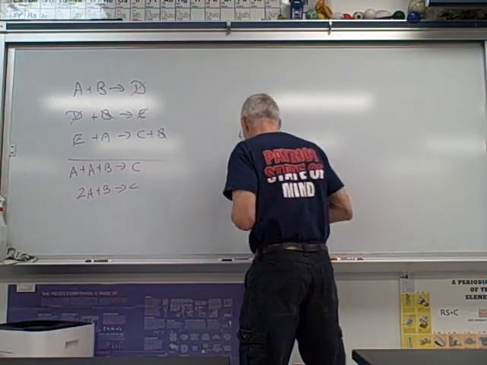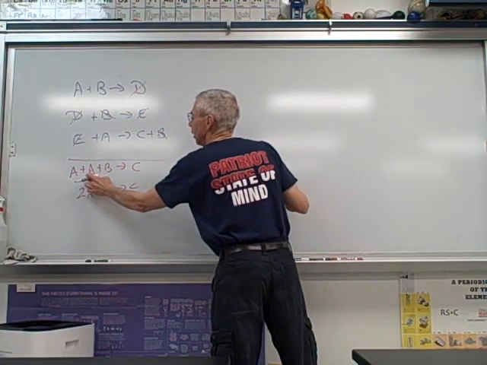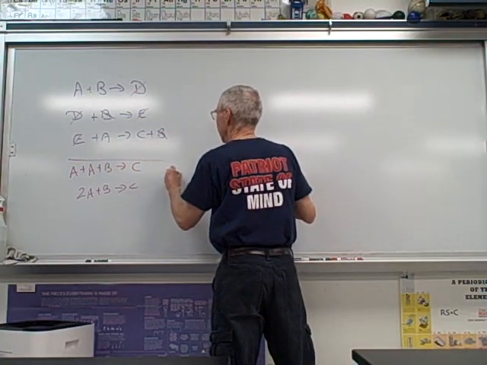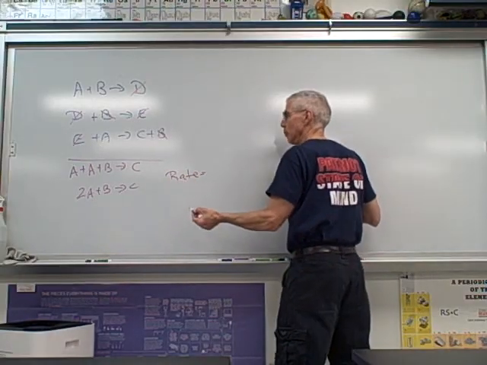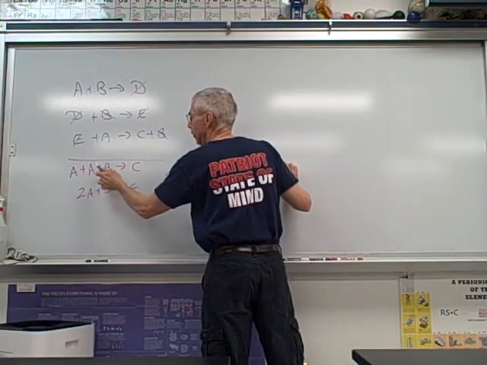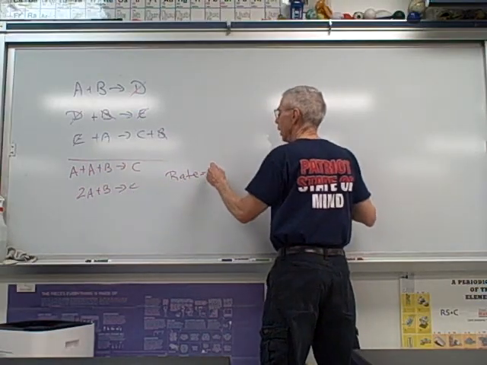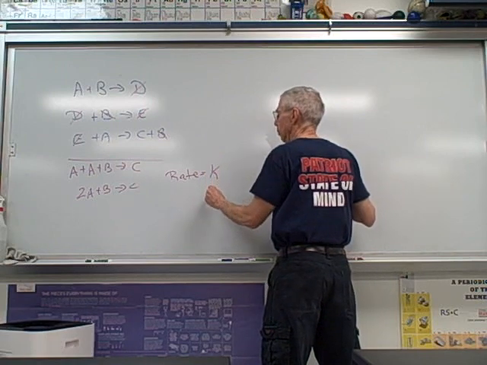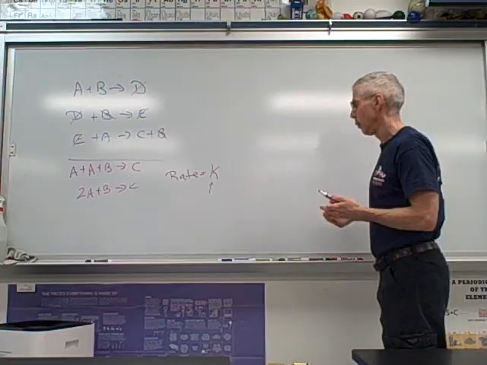If this were a one-step reaction, the rate law would be dependent on A and B. I know that's redundant, but it would be dependent on the rate. How fast this reaction would occur would depend on both of the A's and the B. So the way we would write that, since there's 2A, the rate is some constant, that merely gets us to convert between the units.